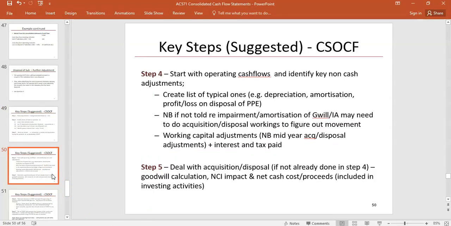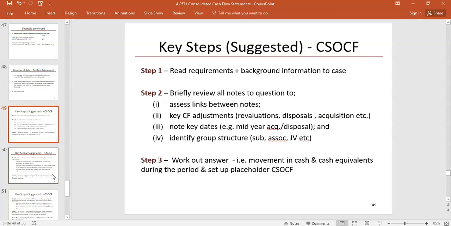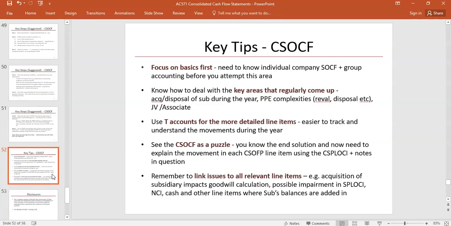Right. I also give you a couple of steps, just suggested steps of how you might go through it. But again, that's personal preference. The more questions you go through, you'll hone your exam technique of how you'll approach these questions. Right. So again, focus on the basics in terms of your key steps here. Be able to do an individual statement of cash flows.